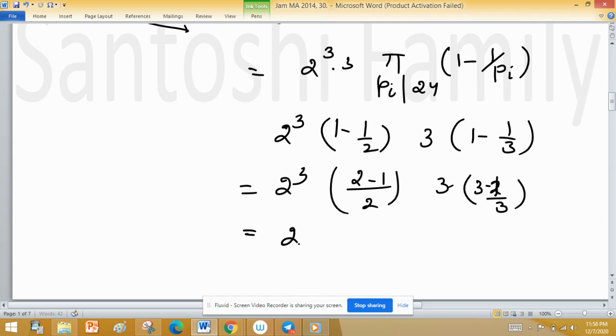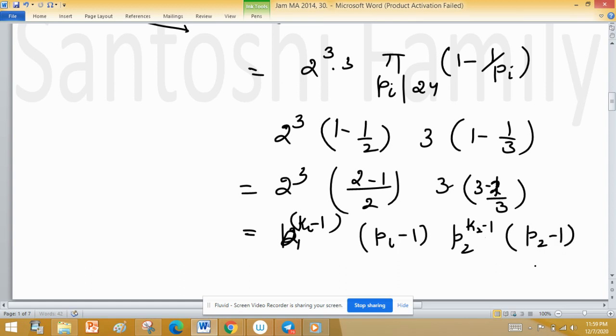It means 2 raised to the power, this is k_i, the exponent of the primes, minus 1, and this is another exponent, so p1 raised to the power k1 minus 1, times p1 minus 1, times p2 raised to the power k2 minus 1, times p2 minus 1, and so on.